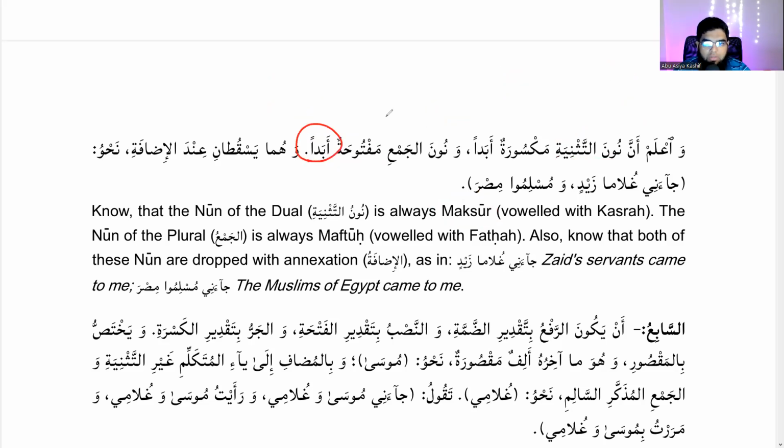And they both fall in the idafa. When you make idafa, mudaf, they will fall. And we learned this, right? Like in Madina Book, they drop in the idafa. For example, ja'ani ghulama zaydin, the two servants of Zaid came to me.